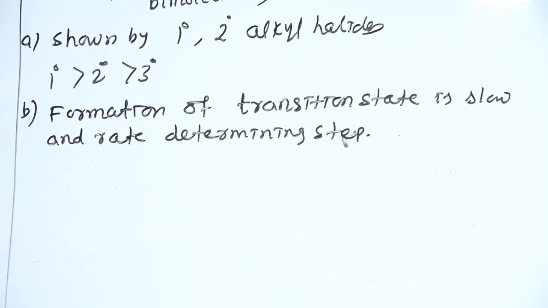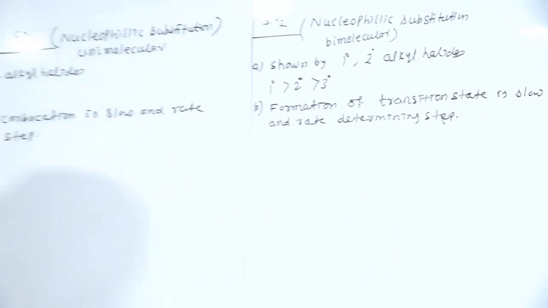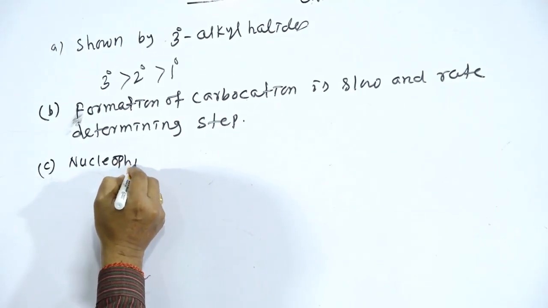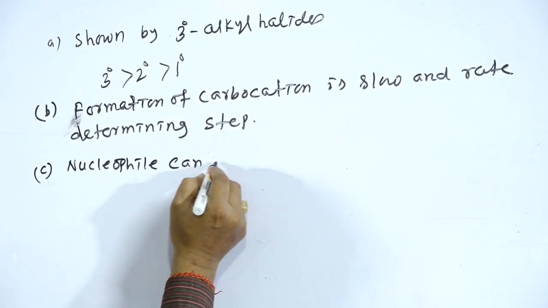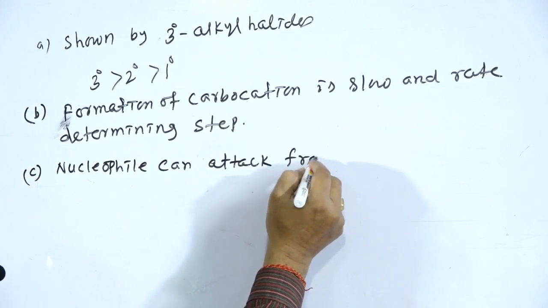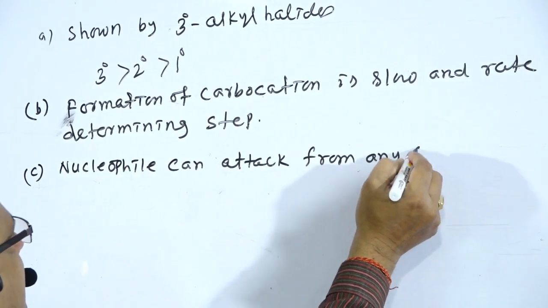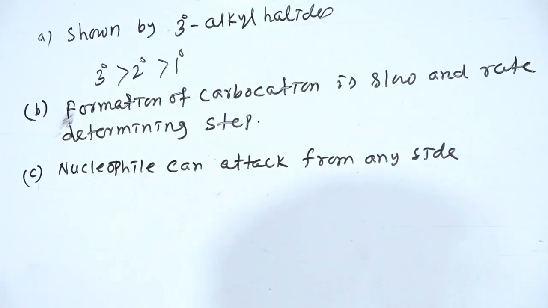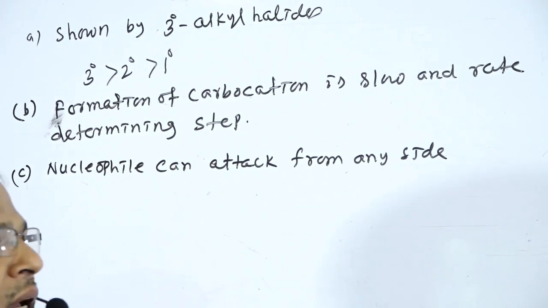In the third point, the nucleophile can attack from any side, that is front or back. The nucleophile can attack either from the front or the back side.